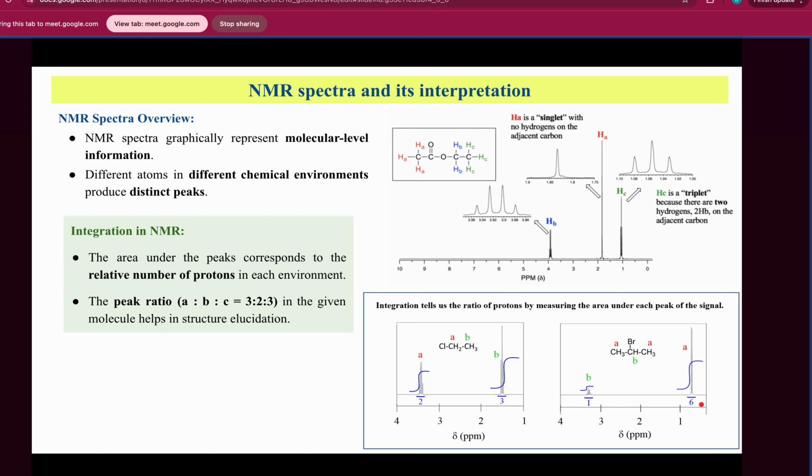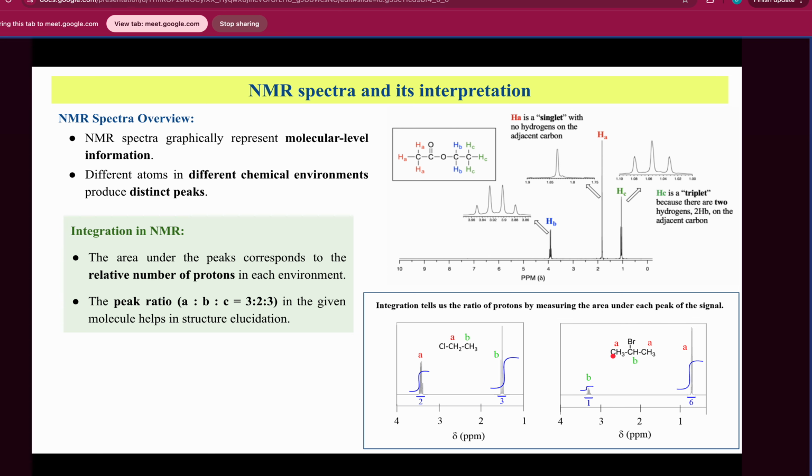So this is the peak, and when we integrate it, because there are 6 hydrogens giving this single peak, we'll get a peak intensity of 6. Whereas in the middle carbon, which has only a single hydrogen, the peak value will be 1. But how many sub peaks will we see? That depends on the adjacent carbons, and how many hydrogens the adjacent carbons contain.